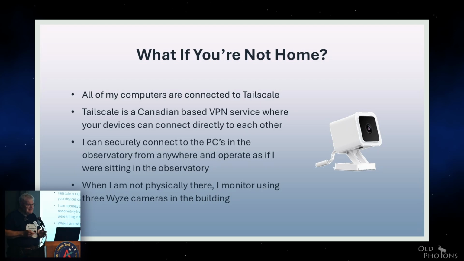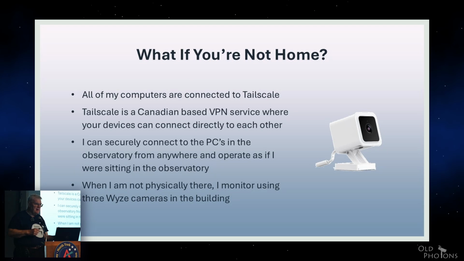With Tailscale, it's essentially the same thing. Instead of connecting directly to that computer, you go to Tailscale, Tailscale goes to that computer, and then it's just like you're sitting there right beside it. The reason you want to do that is you can open up a port for Windows RDP so that you can connect directly without using a VPN.